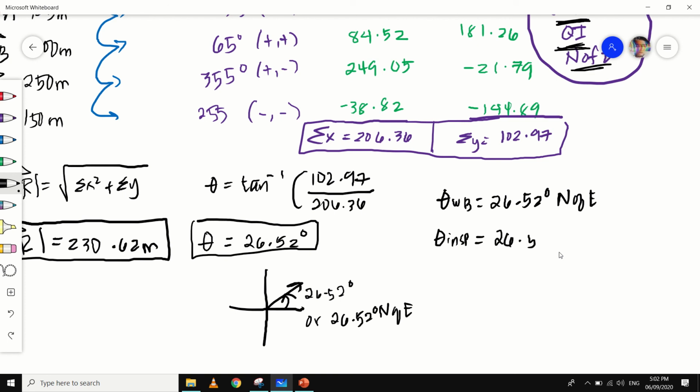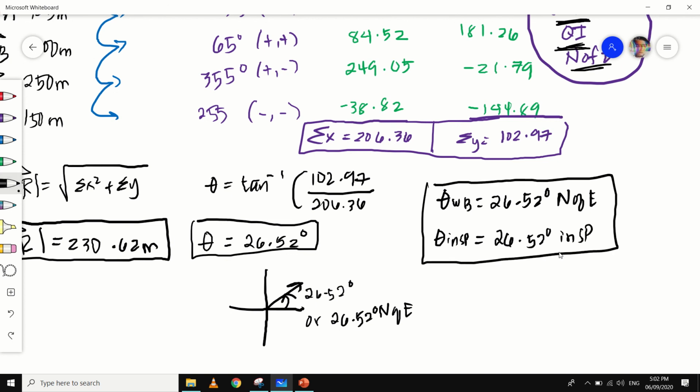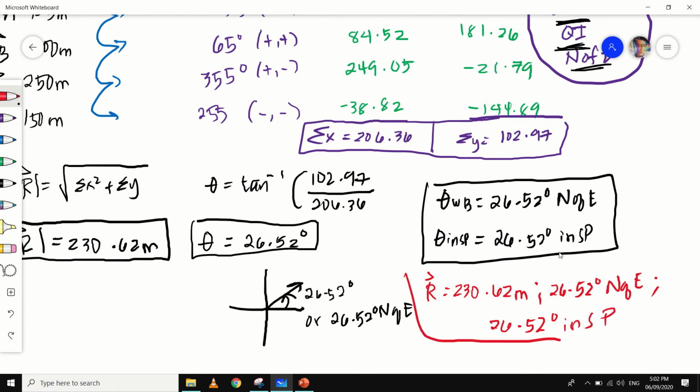So, 26.52 degrees in standard position. Ayan. So, your final answer will be vector R is 230.62 meters, 26.52 degrees north of east, 26.52 degrees in standard position. So, you can see, kung paulit-ulit mo na siyang ginagawa, actually, napakadali niya na lang.